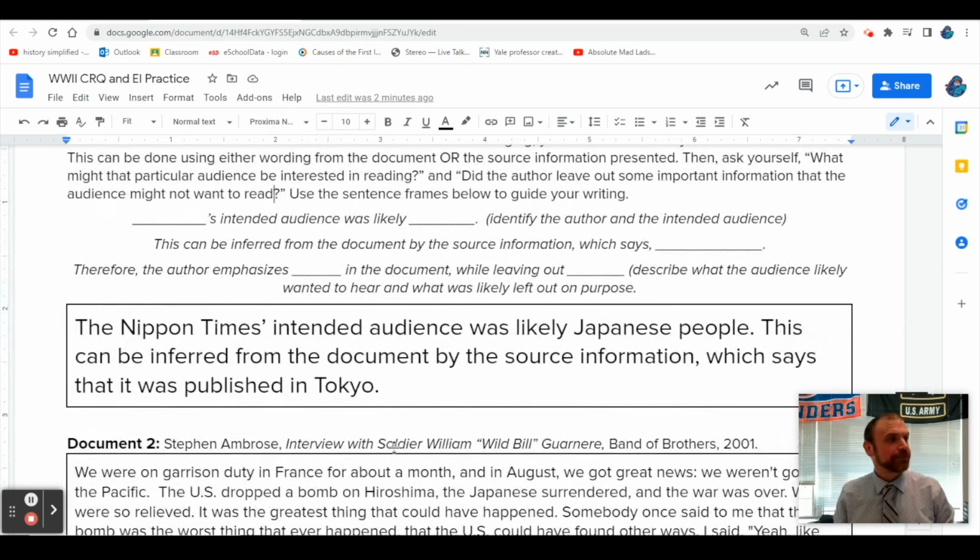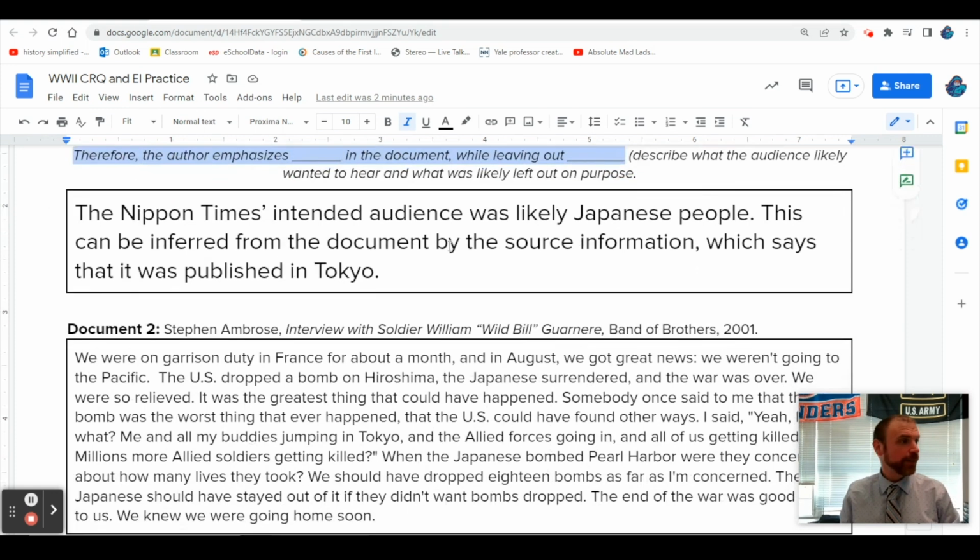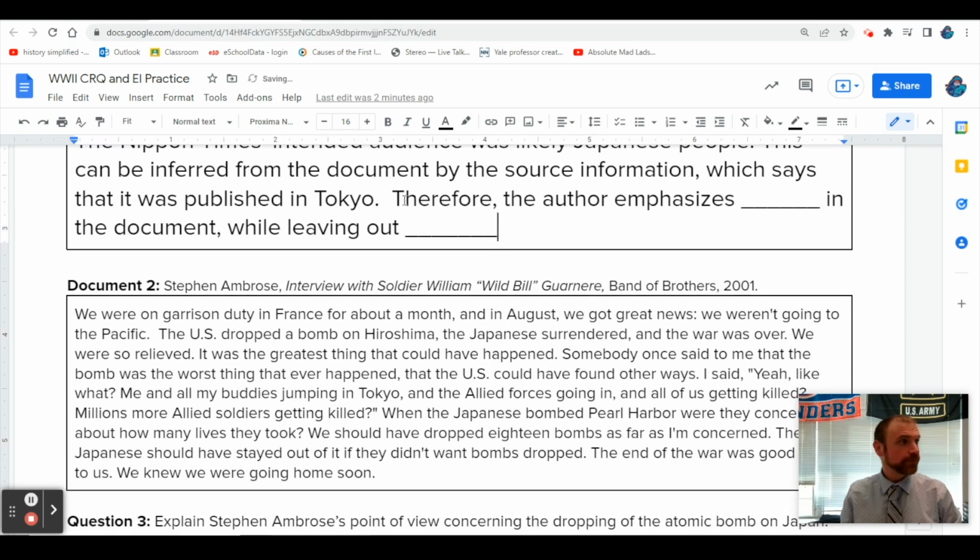So let's take a look here. Therefore, the author emphasizes blank in the document while leaving out blank. Okay, so I'm going to take this and paste it, and we're going to fill in those blanks together.